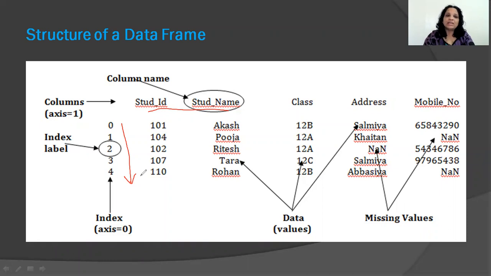So missing values are going to be represented by NaN. Is that clear? So I hope you got a rough idea of how a data frame looks, okay? And I told you, it's so similar to a MySQL table, but you need to know that the rows are called index and the columns are called columns. Is that clear? Okay, let's get ahead.